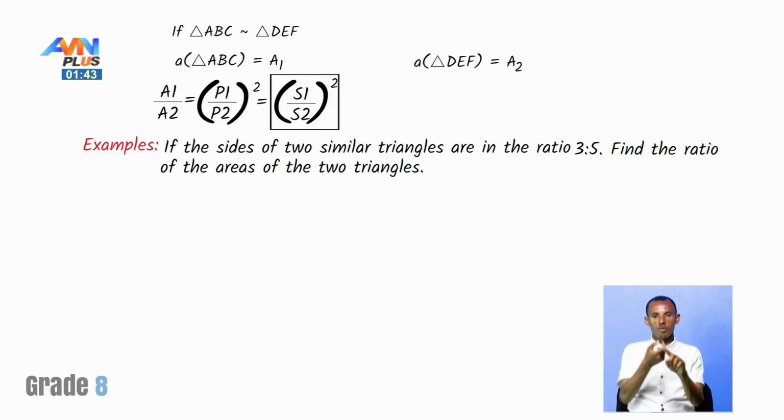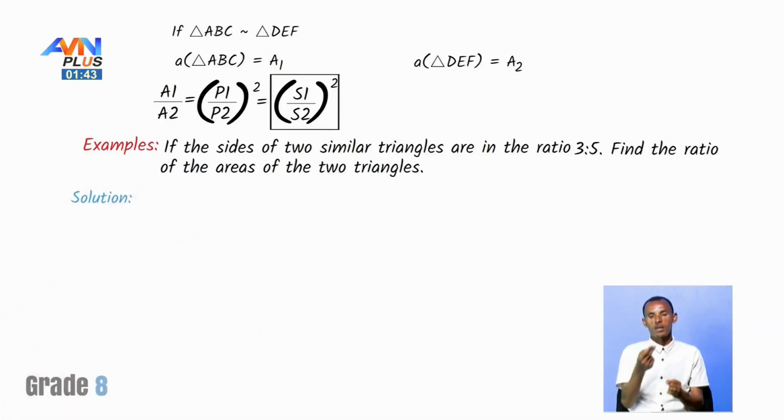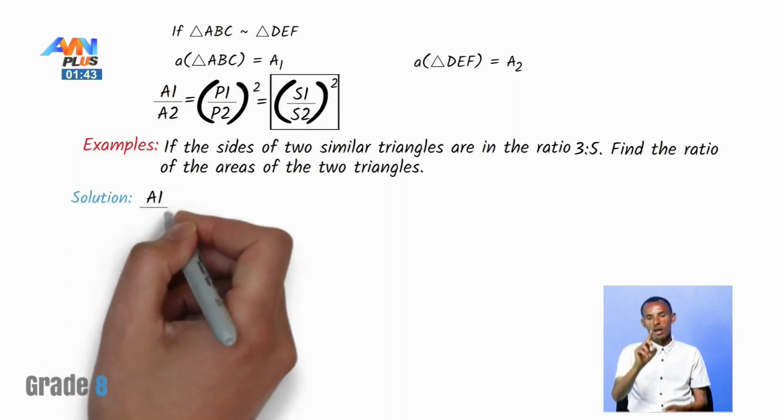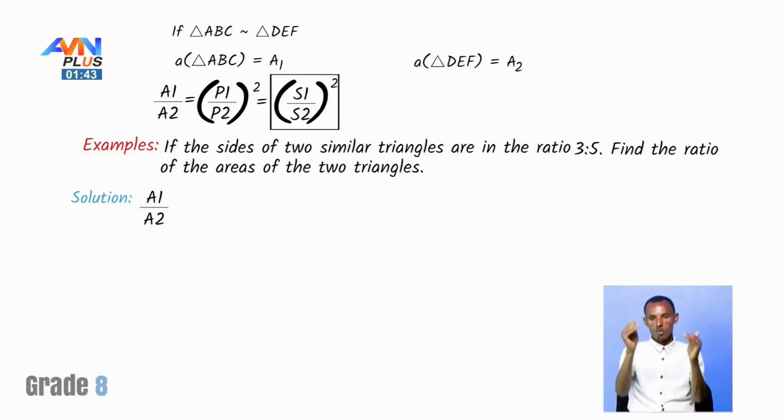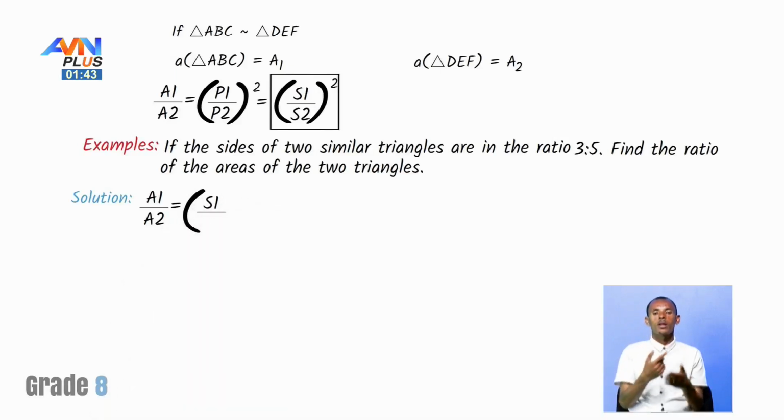From our derivation, A1 by A2 is the same as S1 by S2 the whole square, right? Here, S1 by S2 is 3 by 5.